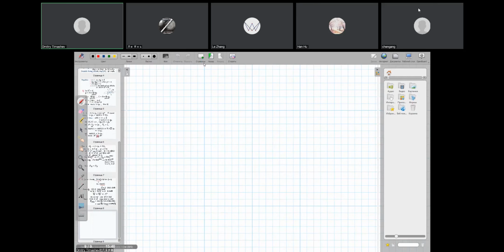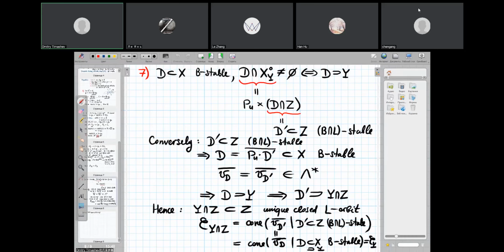And finally, for the colors, we get the following: D prime is a color containing this orbit in Z if and only if it is not stable under L. Because D was a B intersect with L stable divisor, and if it is not L stable, then it is a color.